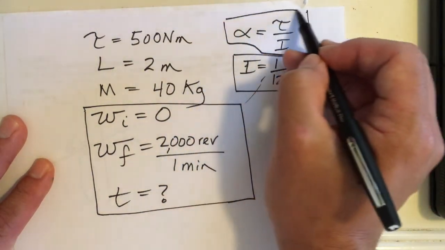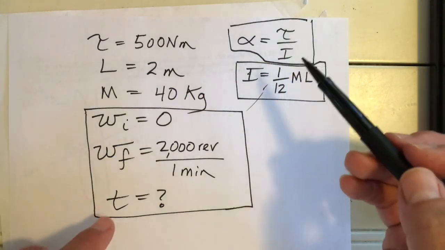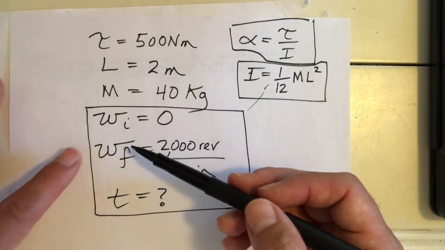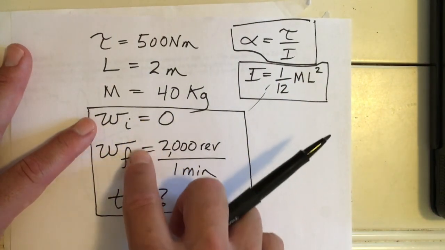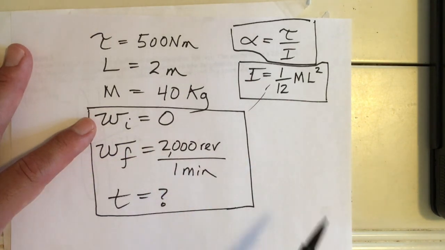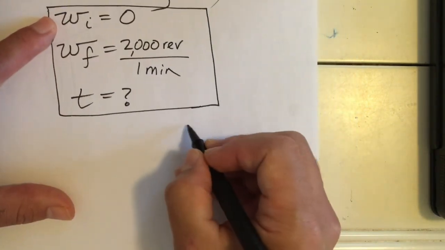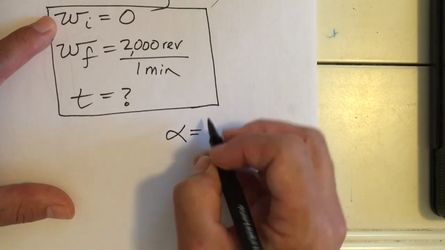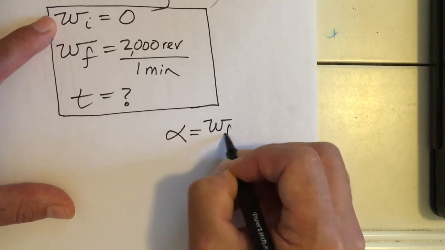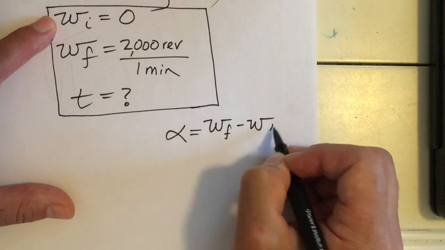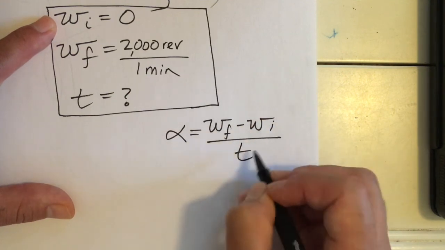Can you see it? The connection is what? Well, this is a change in angular velocity over a time. That sounds like an acceleration, right? So we have another acceleration formula we're going to use in this problem. Our angular acceleration is equal to omega f minus omega i over t.